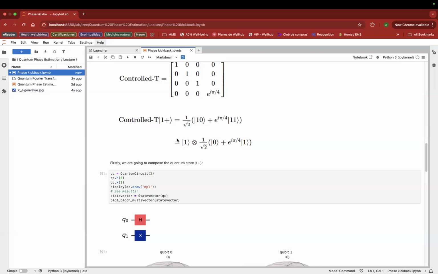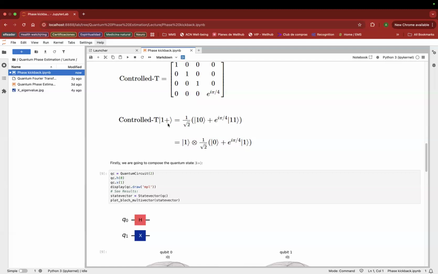No, yes, it is correct. I'm sorry, students. I always have this problem, that's why I'm always super careful about it. No, this is correct. Why? Because this is qubit 0 and this is qubit 1. I always forget, but this is important.